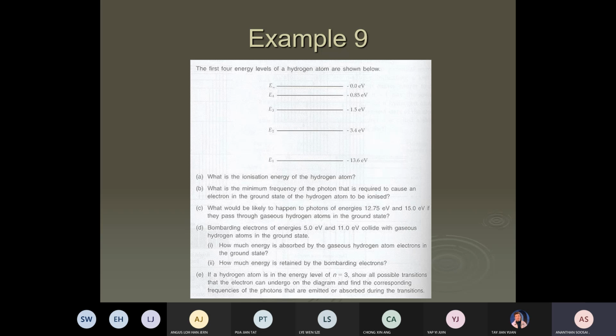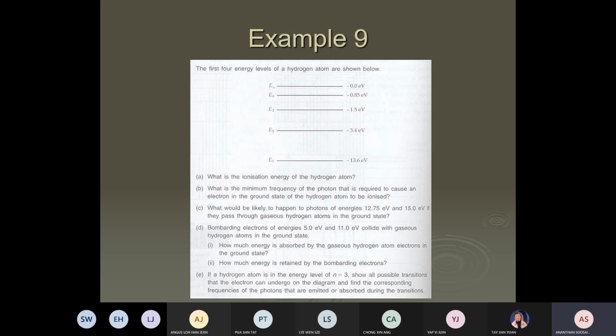The electron will take 10.2 eV from the 11 eV electron, and the orbital electron will jump from E1 to E2. The incoming electron gave up 10.2, so it is left with 0.8 eV. That electron will leave the hydrogen atom with 0.8 eV.